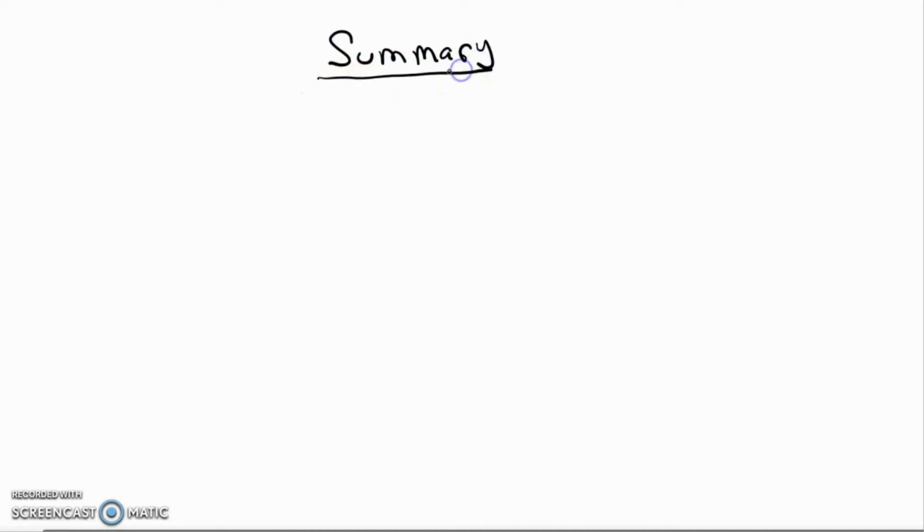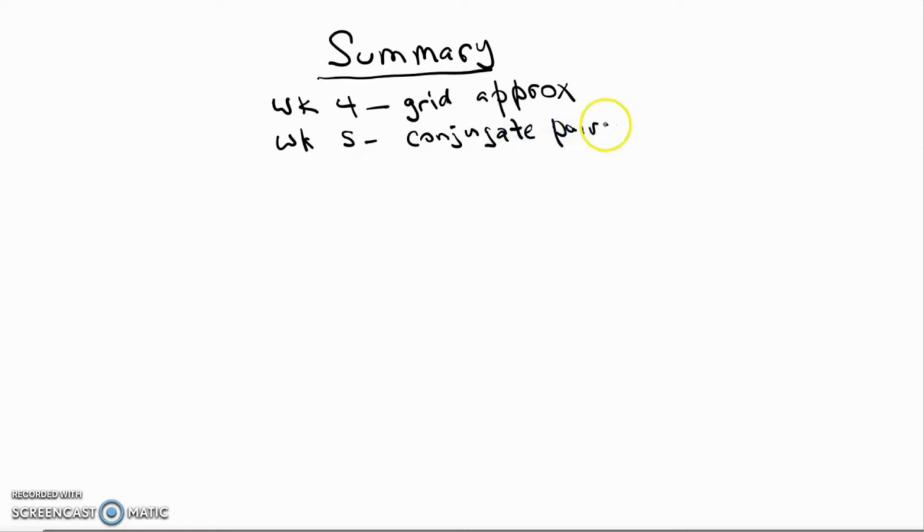And what I want to do is begin by reviewing what we saw in previous weeks. In week 4, we did grid approximation. And last week, week 5, we looked at conjugate pairs as ways of getting our goal, which is the posterior distribution of theta, the Bernoulli binomial parameter.